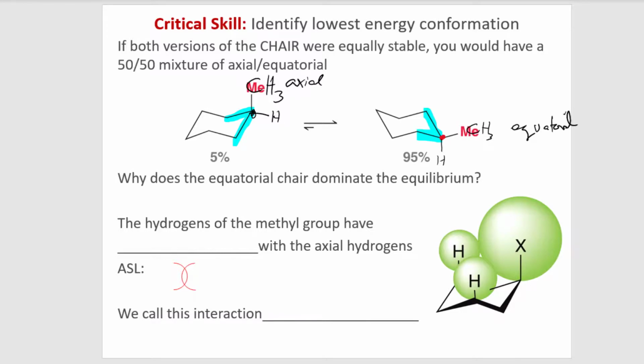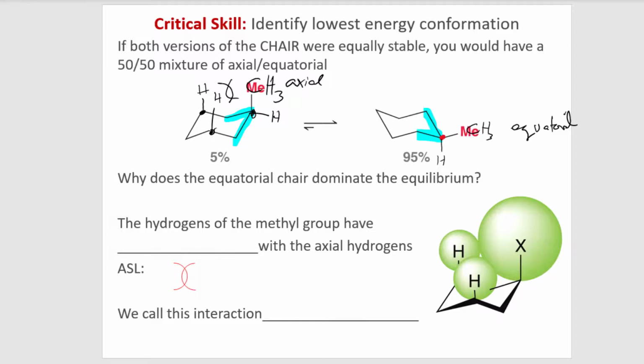And what you'll notice is that the equatorial dominates in the equilibrium. Why? The answer here is steric hindrance. In the other geometry, when it's axial, it's going to bump into the other axial groups on the north face. In this case, again, the north face of the molecule, on the north axis. And in the equator, it's out and away from all the other stuff, so it's farther away.